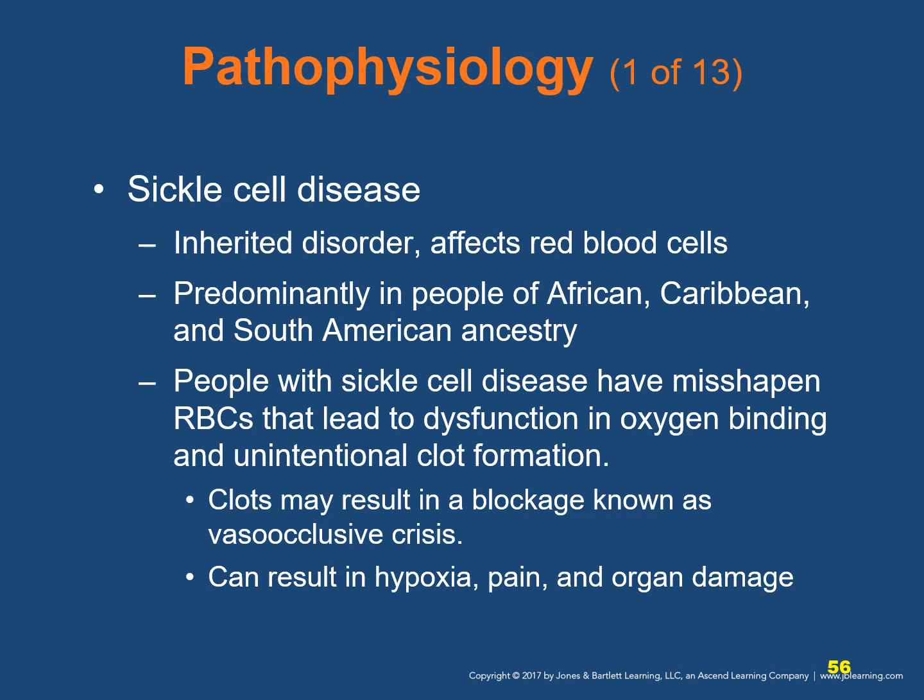People with sickle cell disease have misshapen RBCs, or red blood cells, that lead to dysfunction in oxygen binding and unintentional clot formation. Clots may result in a blockage known as a vaso-occlusive crisis. It can result in hypoxia, substantial pain, and organ damage.